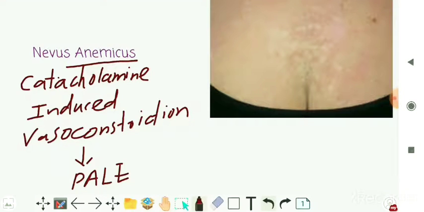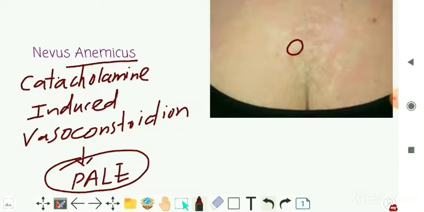As we know, in anemia the skin appears pale. Same here, you can easily remember now, in nevus anemicus there is pale skin. Now you can see here in this slide, these lesions are nevus anemicus, which are depigmented areas. You can see here the normal skin, these are depigmented lesions which are seen in nevus anemicus.